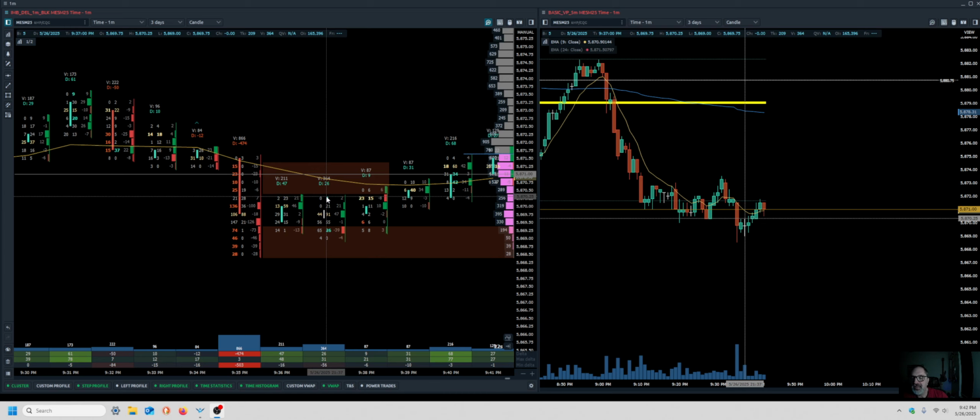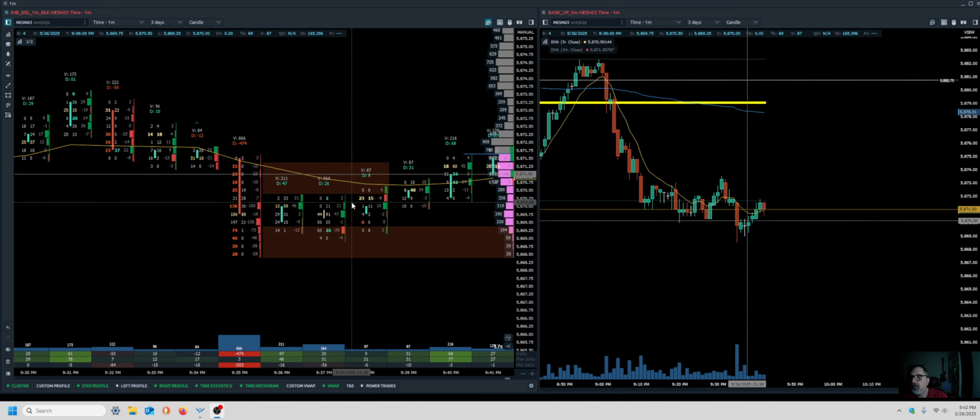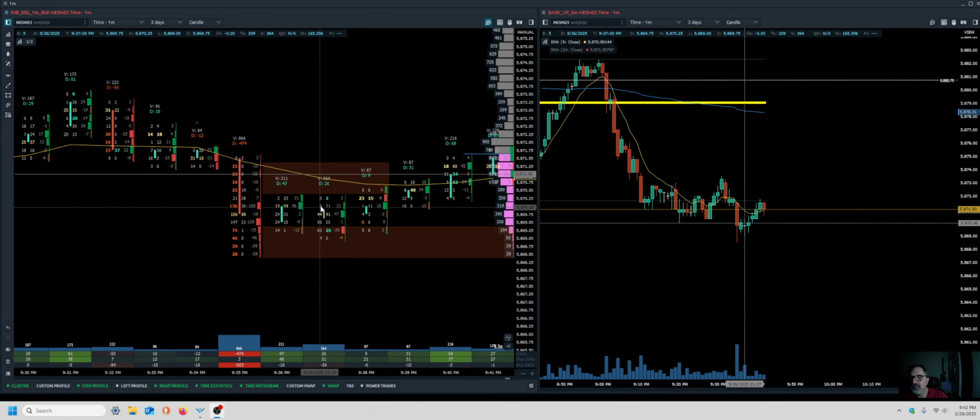As an example, a buy imbalance occurs when buy volume at one price level exceeds the sell volume at the adjacent price, which is right here, by a certain percentage. Typically, a bunch of footprint traders use 300%, which is the default, or 400%, depending on what you want to look at.